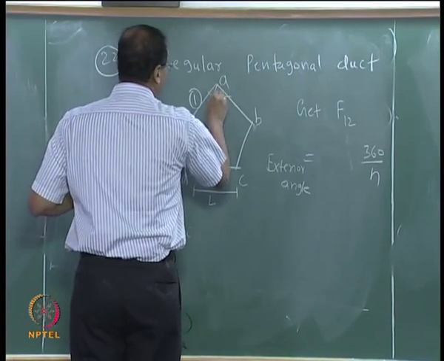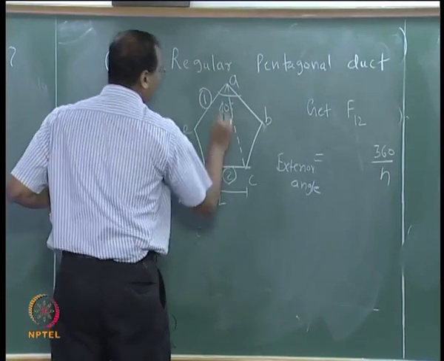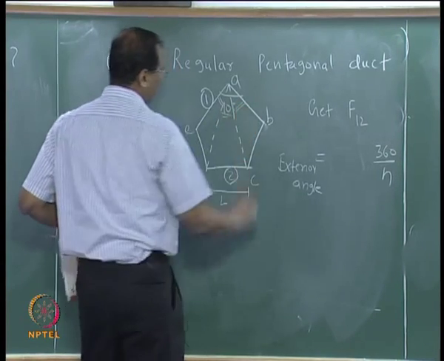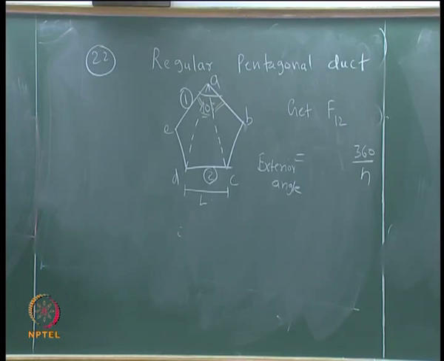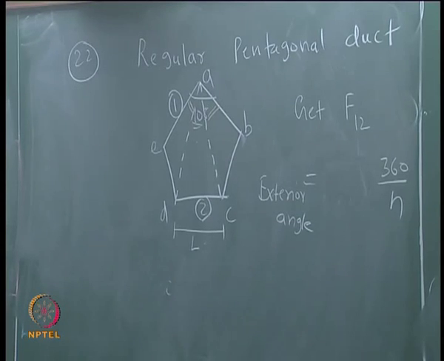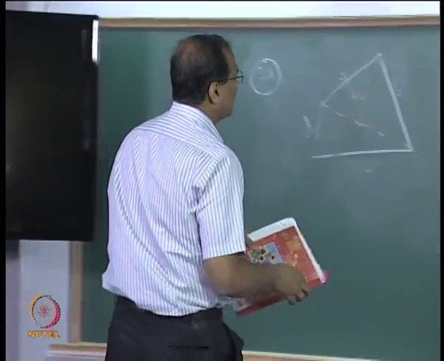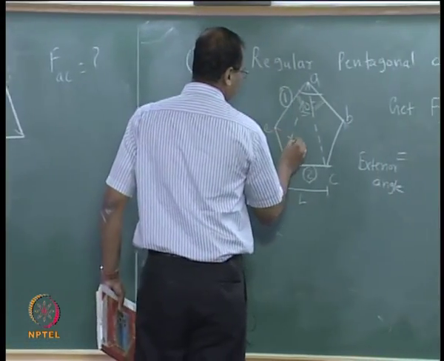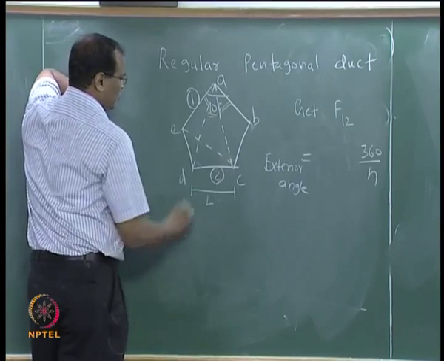Now if I join this, each of these angles is, we do not know. Will it be 36? It will be equal only, it will be 36. Okay. Now this angle, what is this? 108.